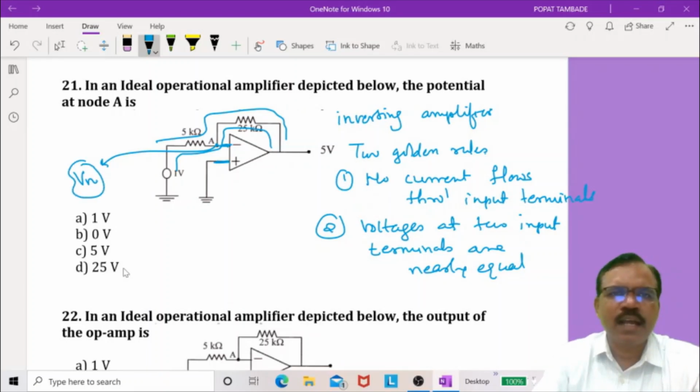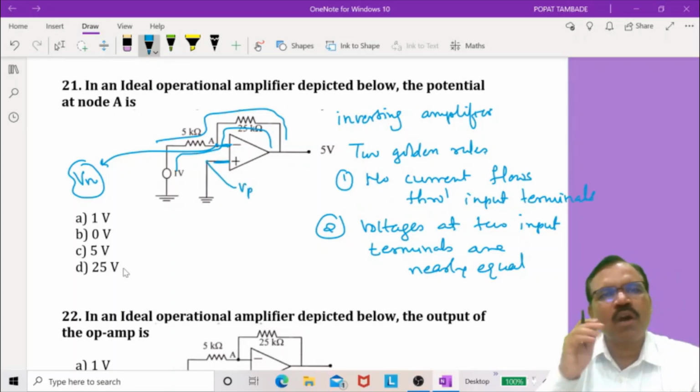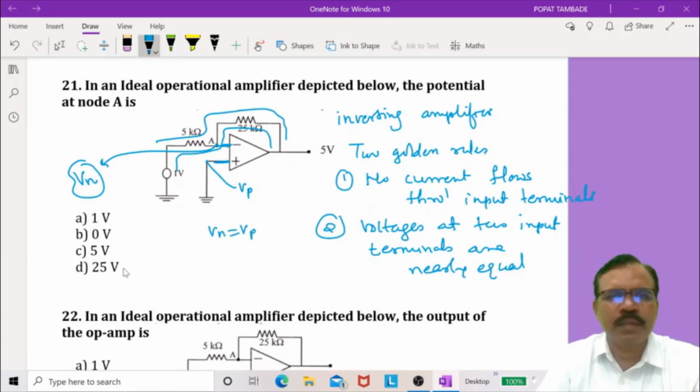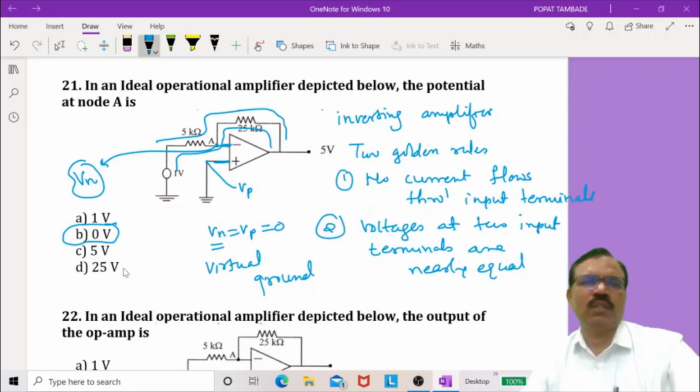And here I can say Vp, the input at the non-inverting terminal. Vn will be equal to Vp. But Vp is equal to 0 because it is connected to ground. So Vn is also equal to 0 and this is called virtual ground. We know this. So A is virtual ground, so it has 0 volt.